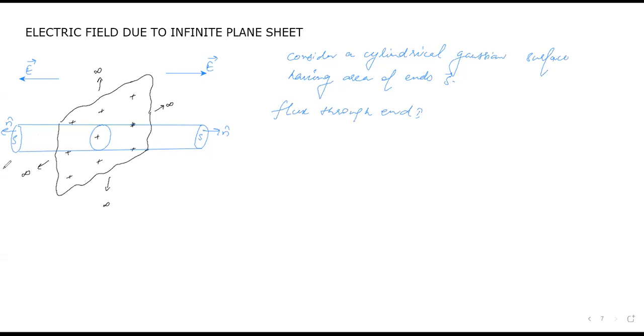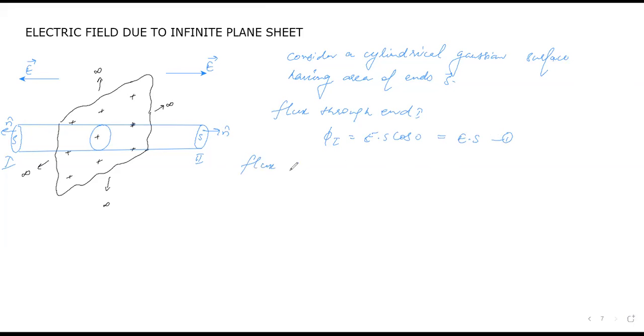Can you tell me? This is your end 1 and this is your end 2. The phi 1 will be equal to E dot S cos of 0. The angle between the area vector and the electric field is 0 here. So E S cos 0, and if cos 0 is 1, then your flux will be E S. This is equation number 1.